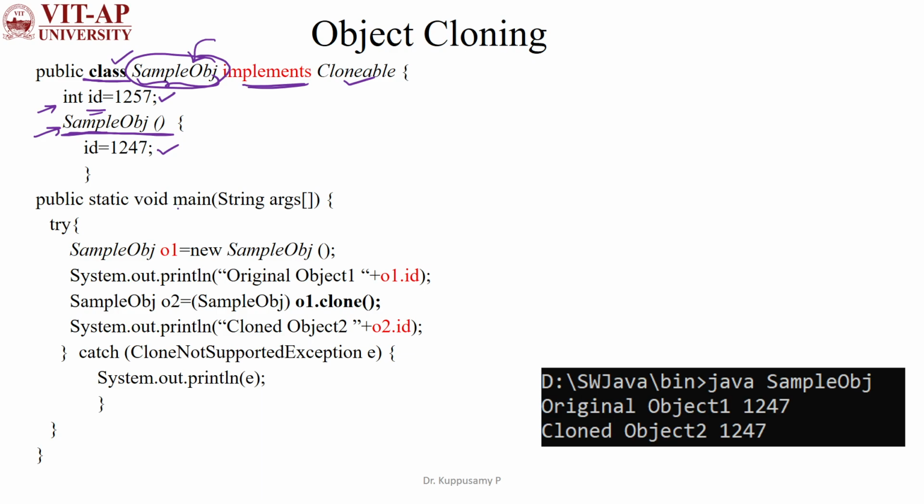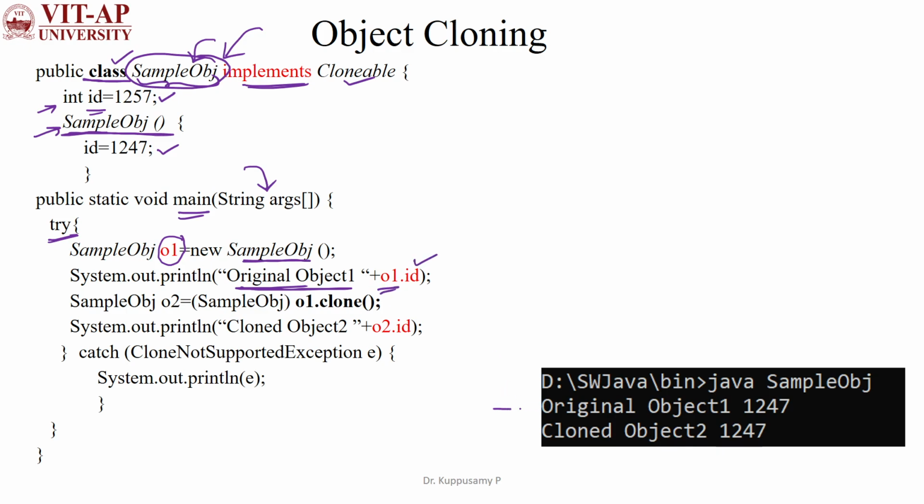Then I am defining the main method here, which takes command line arguments as a String type. Here I am using try catch for catching any exception that occurs. Then I am creating the object o1 by using the class SampleObj. Then I am trying to identify the object value, what is the id of this object o1.